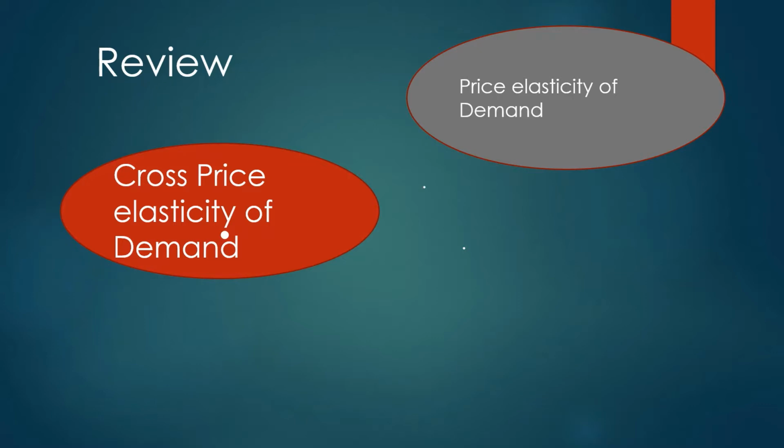In today's lecture, I am going to cover cross price elasticity of demand, which is going to be very interesting. Why? Because here we are going to consider the proportionate changes in the quantity demanded because of the proportionate changes in the price of other goods, not the price of the good itself.